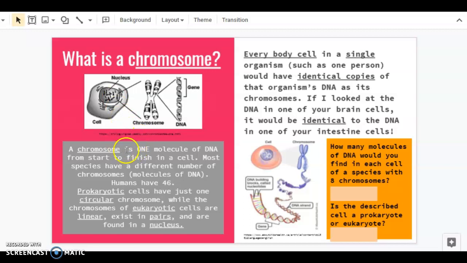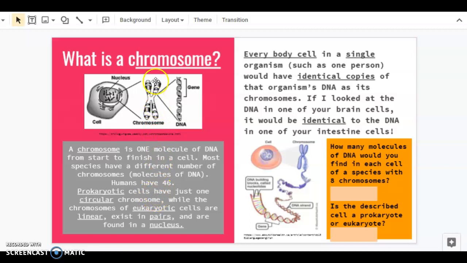A chromosome is one molecule of DNA from start to finish, and different species, like human versus dog, have a different number of chromosomes. So we have different amounts of chromosomes between different species. Prokaryotic cells, like bacteria, have just one chromosome, and it is circular instead of linear, meaning a line.